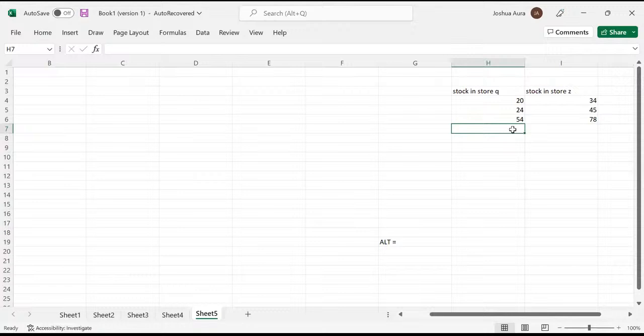I'll simply say Alt equals. You hold on to the Alt, don't have your finger leaving the Alt. Hold on to it until you press equals. And then you enter.